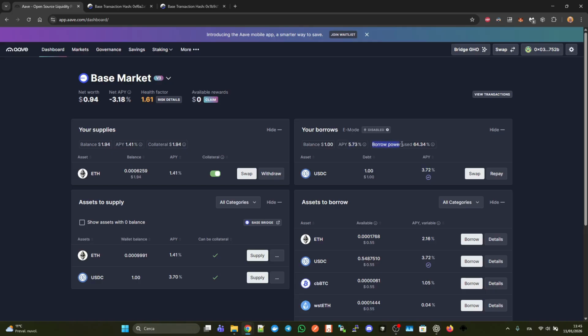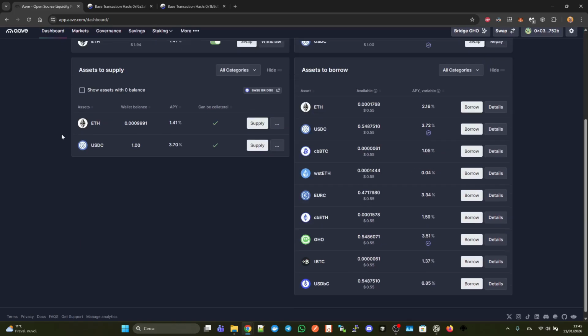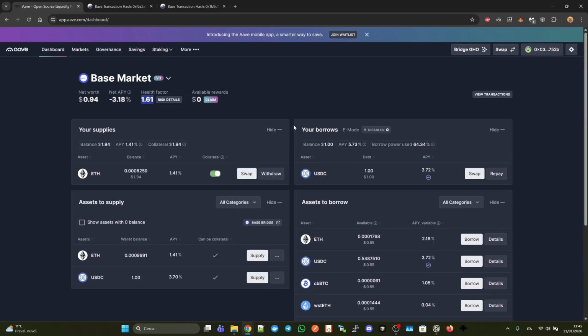The borrow power used is 74.3%. Why? Because we have chosen to borrow a little bit less than the maximum to avoid the risk of being liquidated. Here you can also see the metrics. You can see that of course the health factor here is 1.6, and this is basically it.